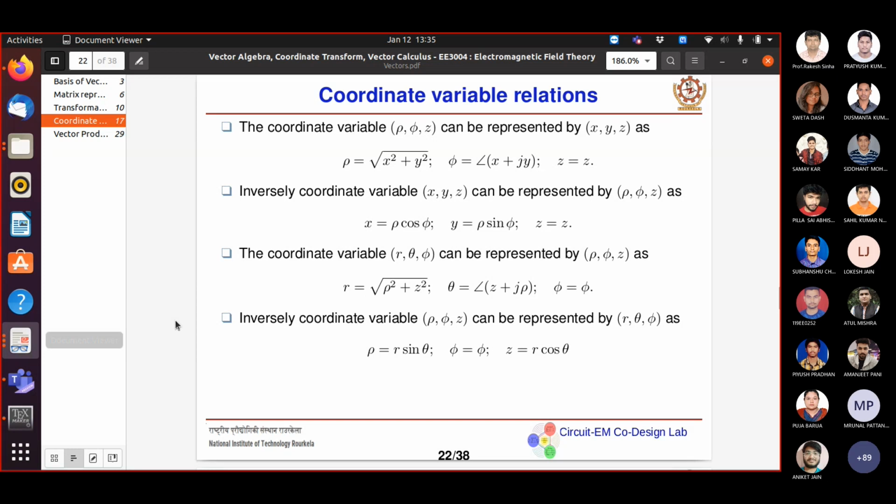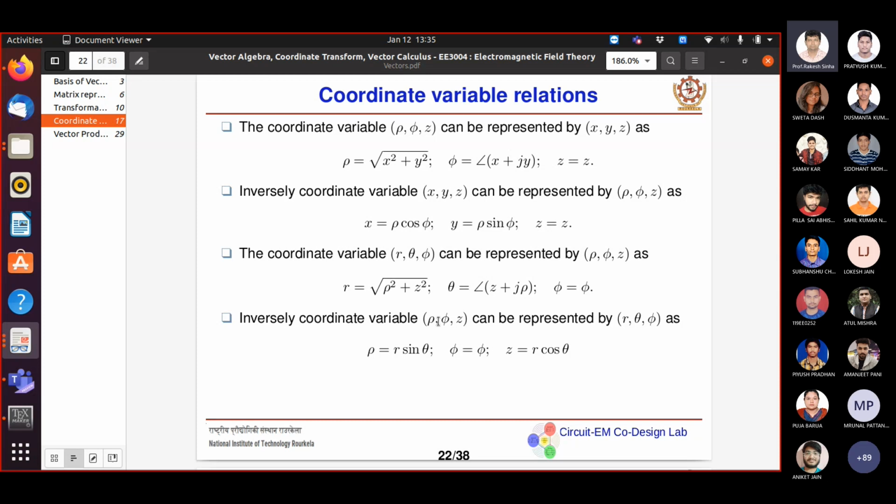Now theta is the angle formed by z and rho. If you see the similarity between phi and theta, z is now like x and rho is like y. So you can understand how the rotation has occurred.